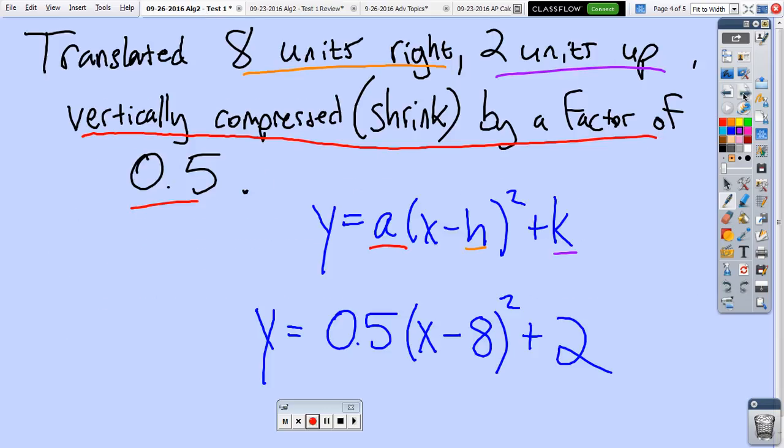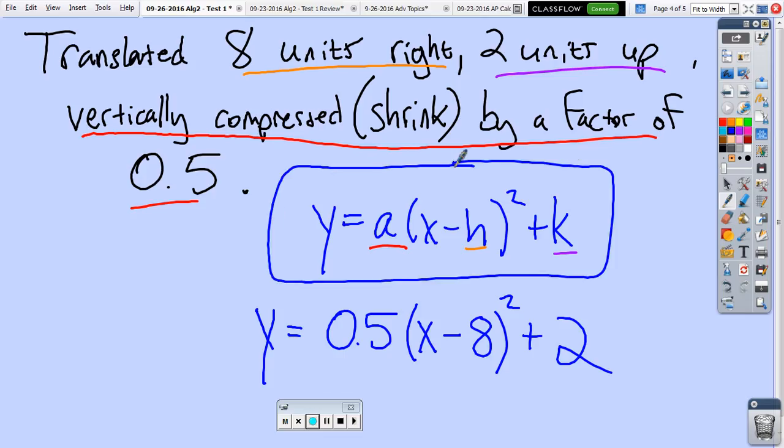Now this is another part of the test, where it gives you the transformations and you need to write the function. What you need to focus on is the vertex form; this is the form you want to use every single time. So: translated 8 units right, 2 units up, vertically compressed or shrunk by a factor of 0.5. 0.5 is a, h is 8, and k is 2.